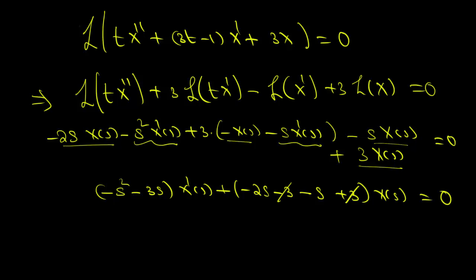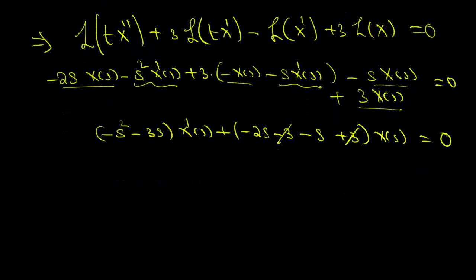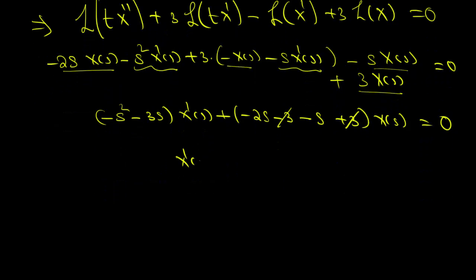The 3 and −3 cancel out, so we have X'(s) times (−3s − s²) equal to 3s times X(s).